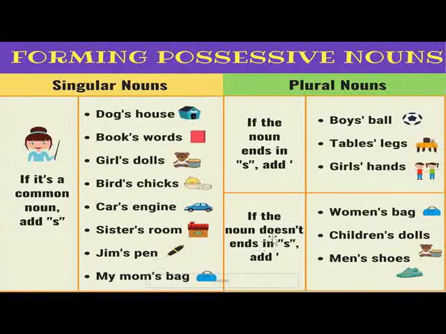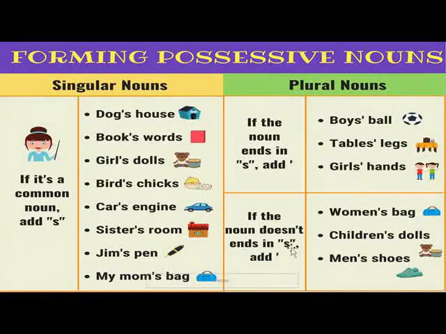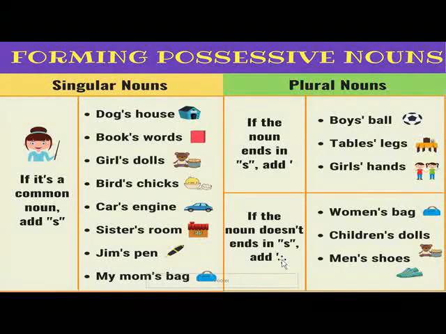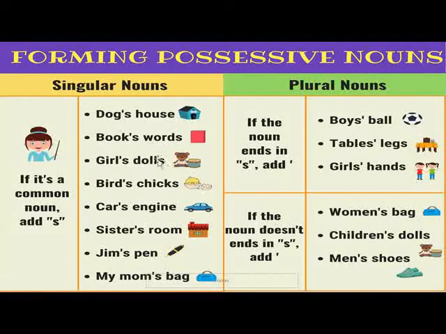But what happens if the noun doesn't end in S? We will add apostrophe and S like the singular. So singular nouns and irregular nouns have the same rule.